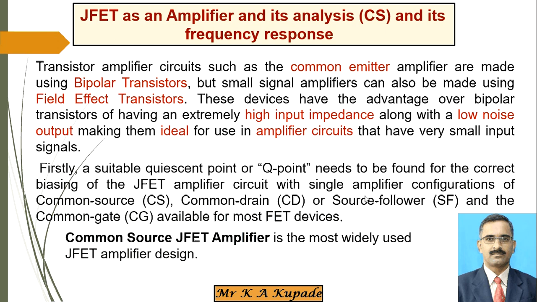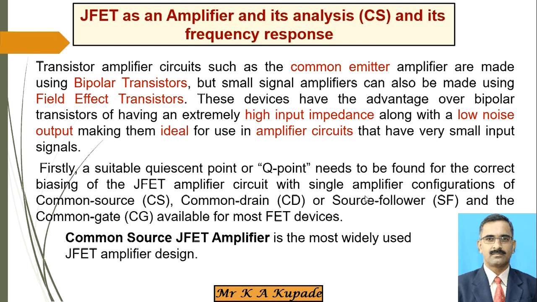Whenever we consider the FET as an amplifier, first we have to find a suitable quiescent point, that is the Q point, for correct biasing of the FET amplifier circuit with a single amplifier configuration such as common source.